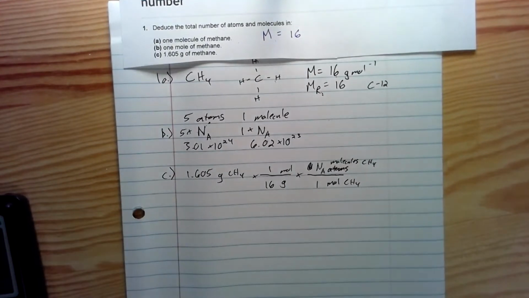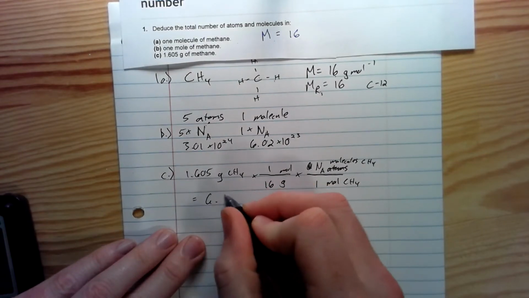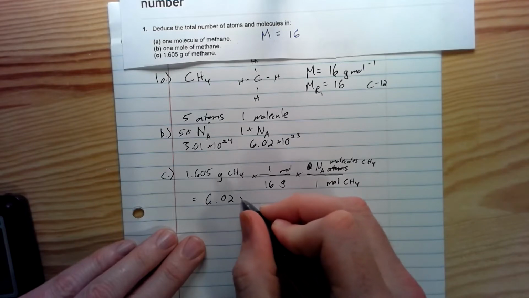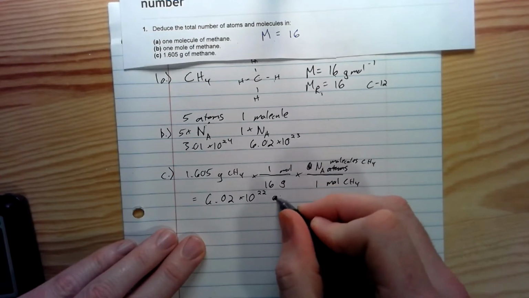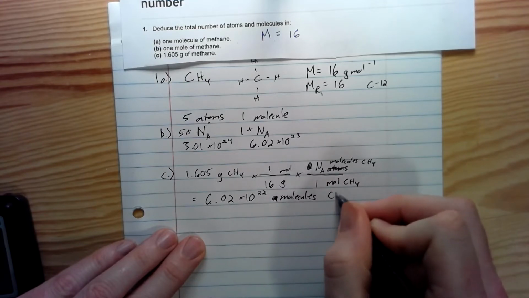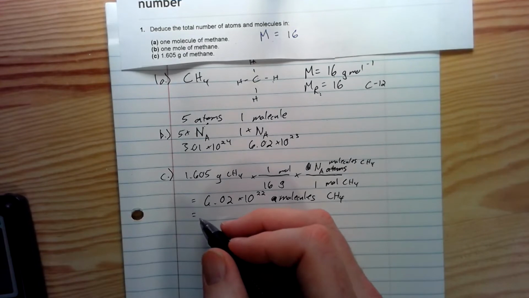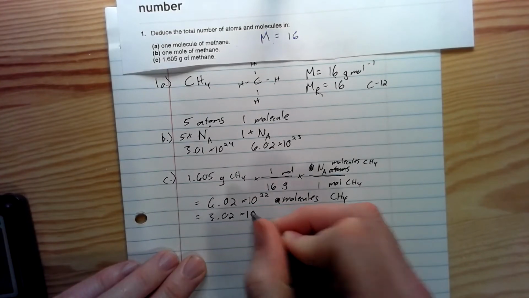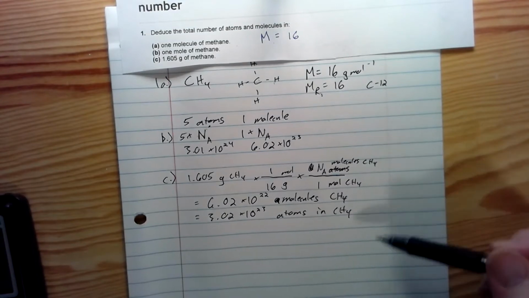All right, so 1.605 divided by 16 times 6.02 times 10 to the 23rd is going to give us 6.02 or 6.03 times 10 to the 22 molecules of CH4, and then we would multiply that by 5 to give us 3.02 times 10 to the 23rd atoms in CH4.